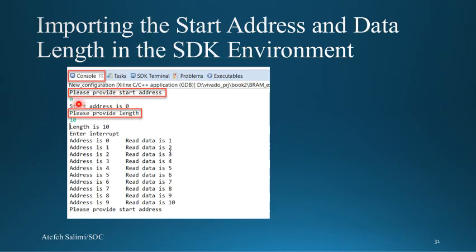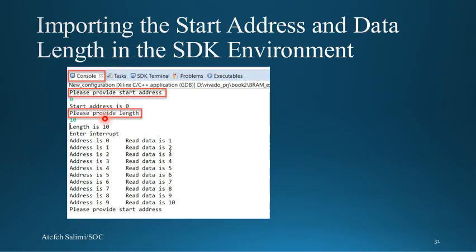For example, here I have entered 0 for the start address, and as we see in the C code that we already wrote, the start address will be reprinted here and the value will be shown.